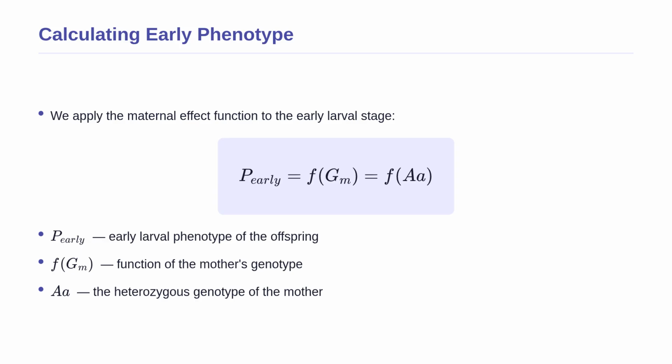P early represents the early larval phenotype of the offspring. We input the mother's genotype, which is capital A lowercase a, into the function. Because the mother has the dominant capital A allele, her body produces kynurenine, which she actively pumps into all of her developing eggs before they are fertilized.